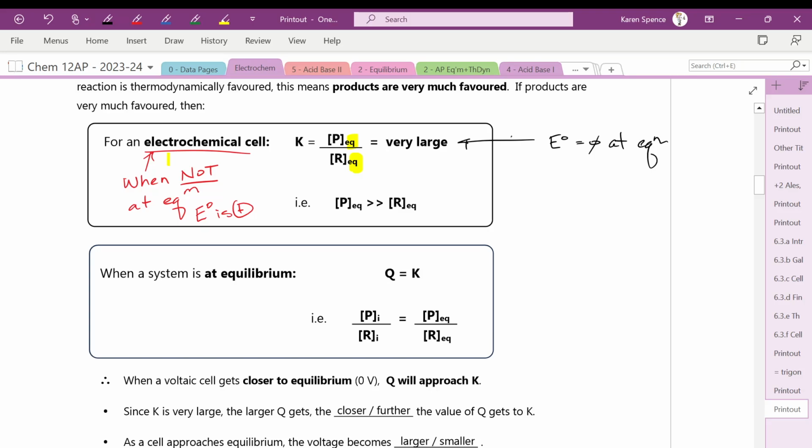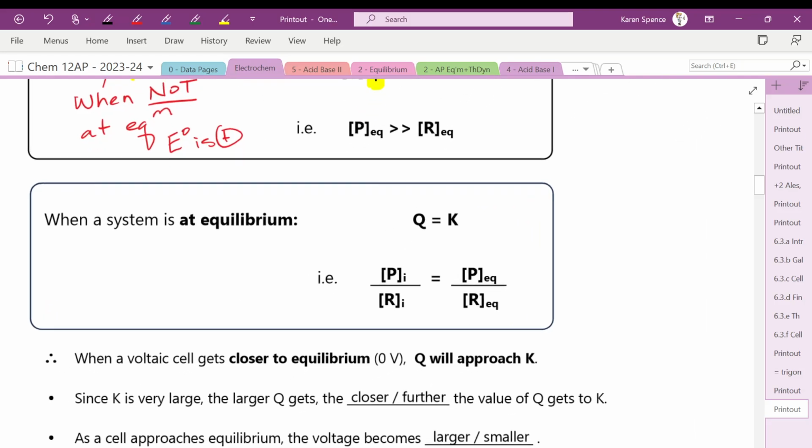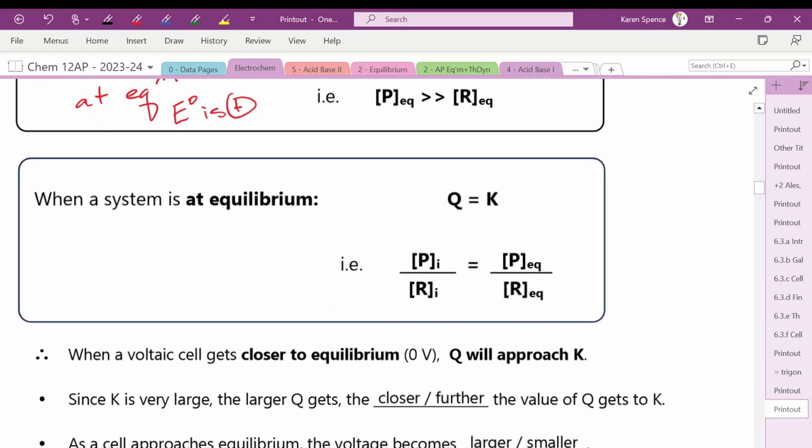What we want to say is as we get closer to equilibrium, Q gets closer to K. So when Q is very different from K, we are far away from equilibrium. When Q is closer to K, we are closer to equilibrium.